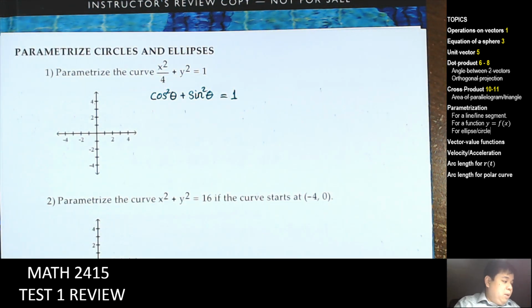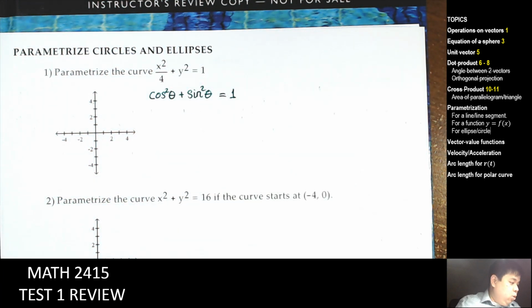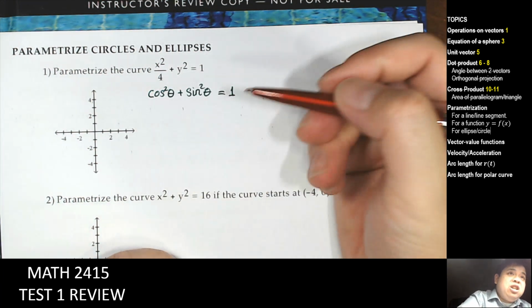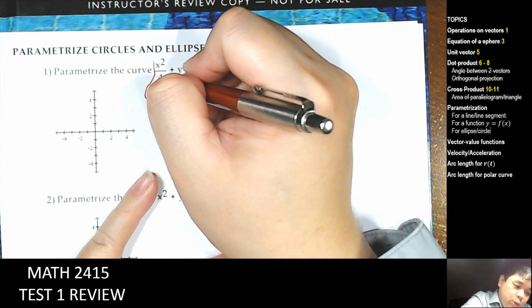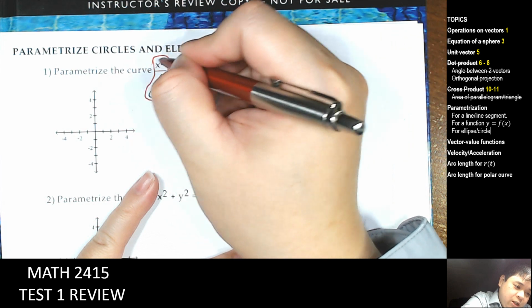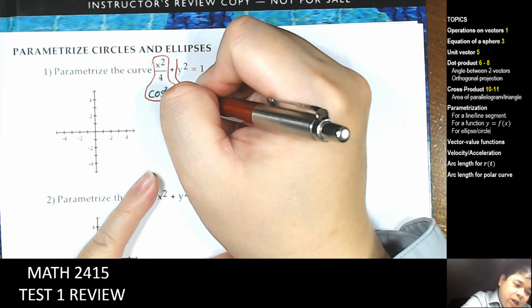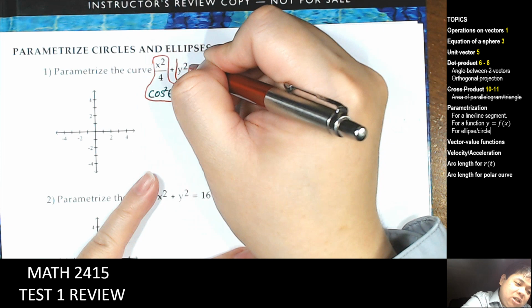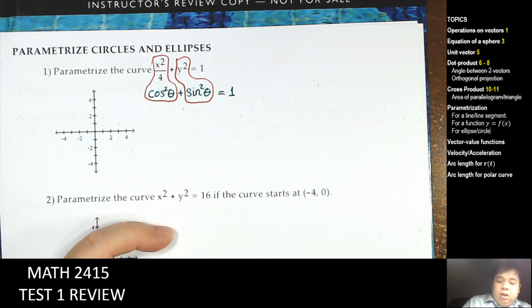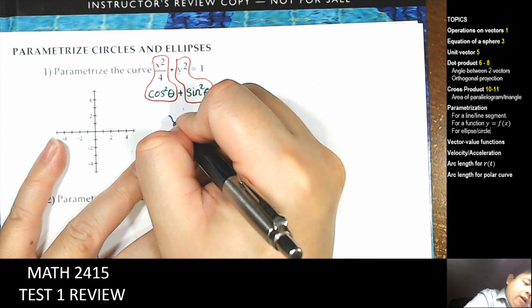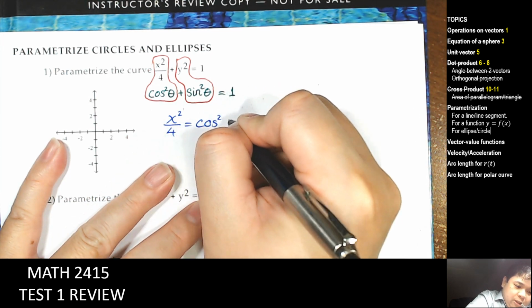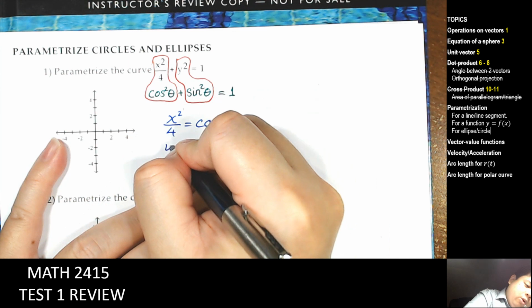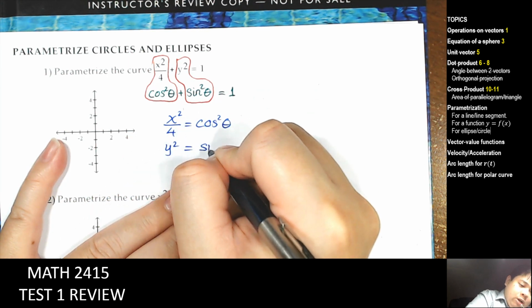So naturally we can match one of them to be cosine squared, one of them to be sine squared, and if there's no restriction, usually we're going to let x equal to something cosine, and y equal to something sine. So we're going to match those two. So I will write x squared over 4 equal to cosine squared and y squared equal to sine squared.